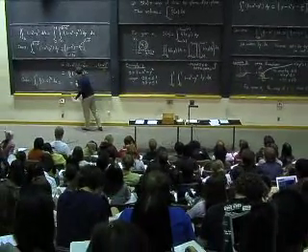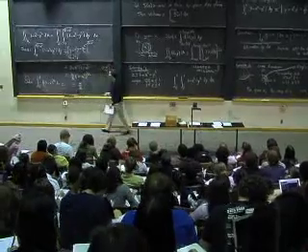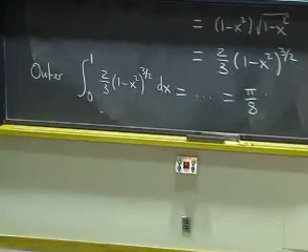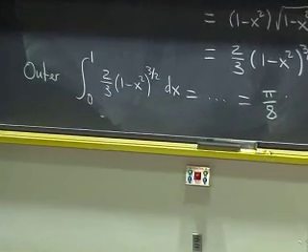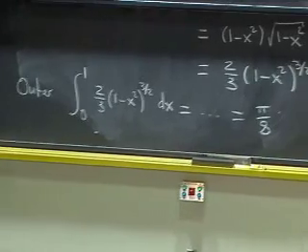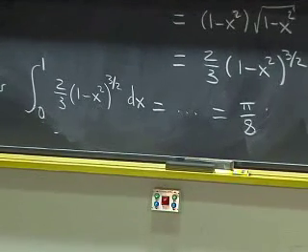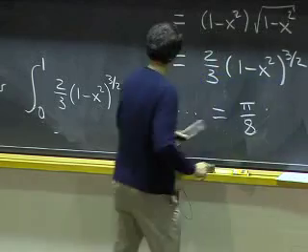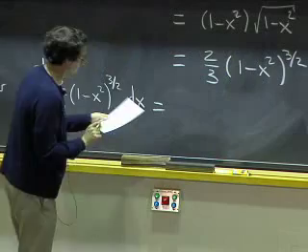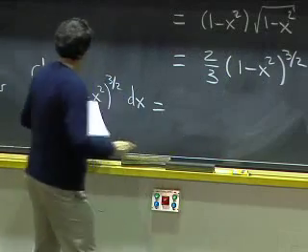I think it's pi over 8. Okay, well, I guess we have to do it then. I wrote something on my notes, but it's not very clear, okay? So how do we compute this thing?